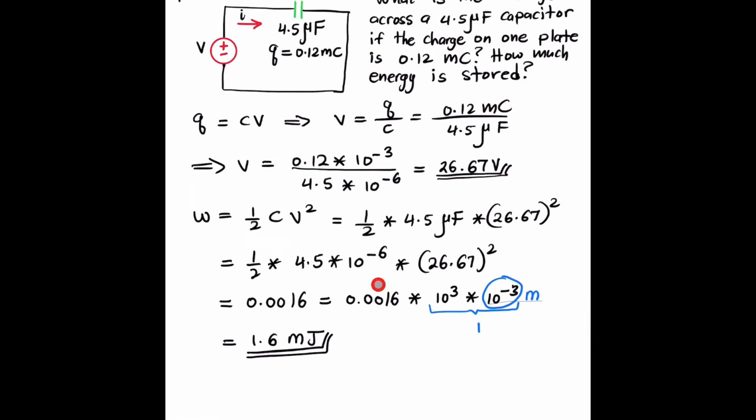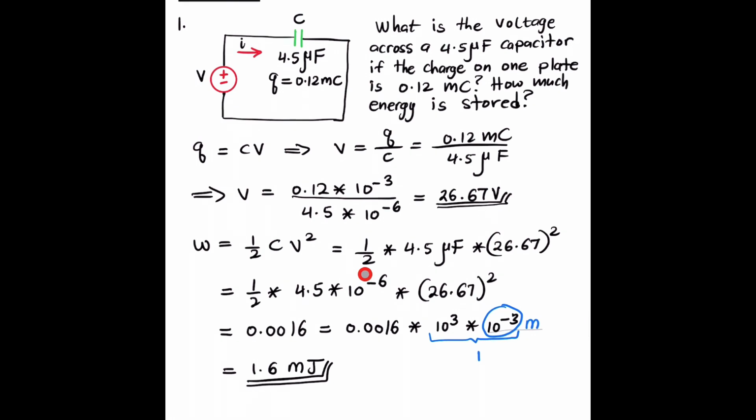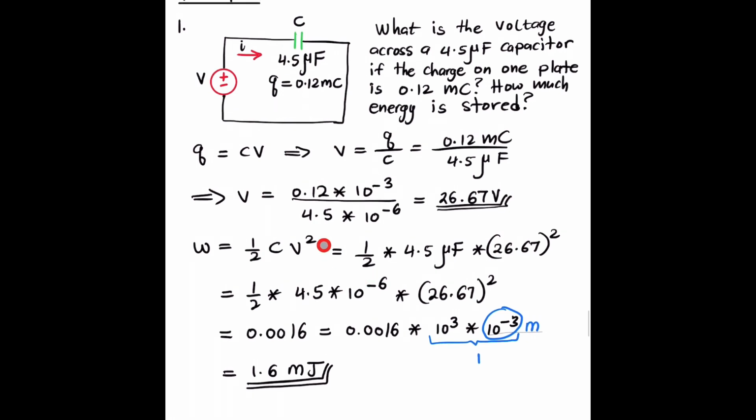And then let's look at some examples. Example number 1. What is the voltage across a 4.5 microfarad capacitor if the charge on one plate is 0.12 millicoulombs? How much energy is stored in the capacitor? So Q equals CV.